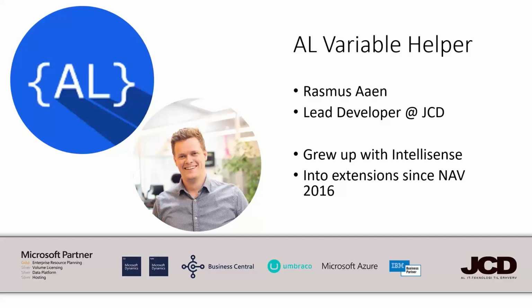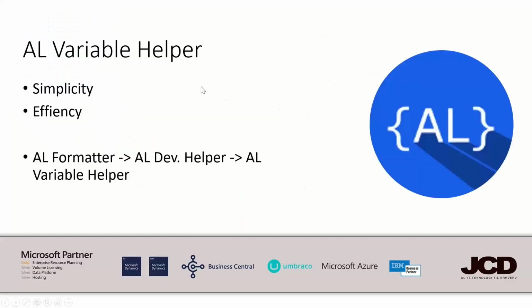I started developing extensions in 2016, and probably a lot of you did try to work with the extensions back in 2016. And I deep dived straight into all this AL when it first were introduced in 2018. Back then, I created something called the AL formatter, because you grabbed all your code from C-side, tried to convert it with the text files, and then you had kind of this big mess of code.